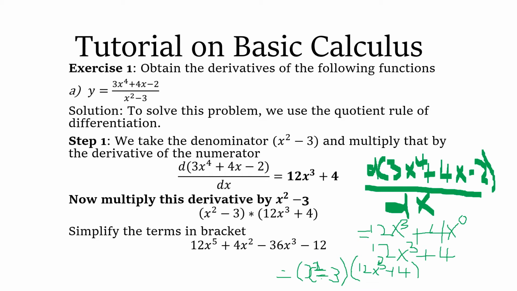That's what you need to do, and then you solve. Now let's start with x squared. X squared multiplied by 12x to the power 3: when we say x squared, it's just like 1x squared, right? So 1 times 12 is just 12. And then x squared multiplied by x to the power 3.